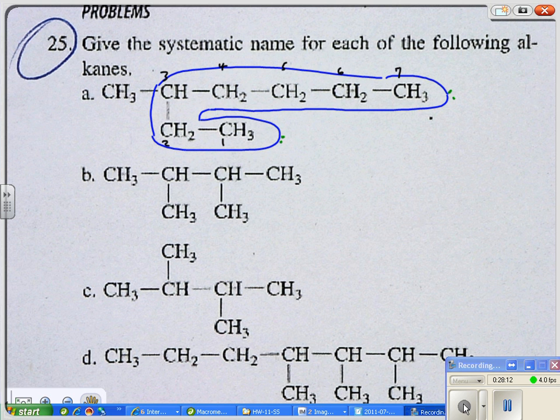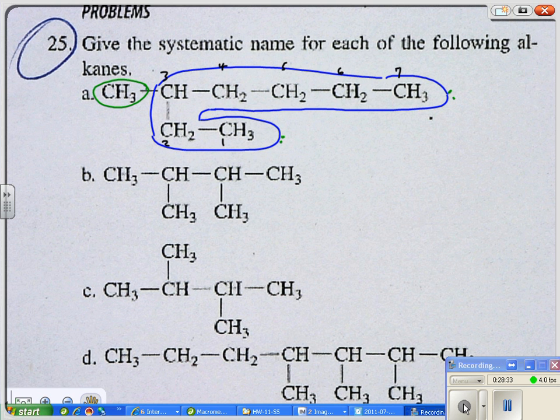What's carbon number 3? Okay, look, I've got them numbered for you. See? This is carbon 1, 2, 3, and that's where your methyl group is. This guy is your methyl group.